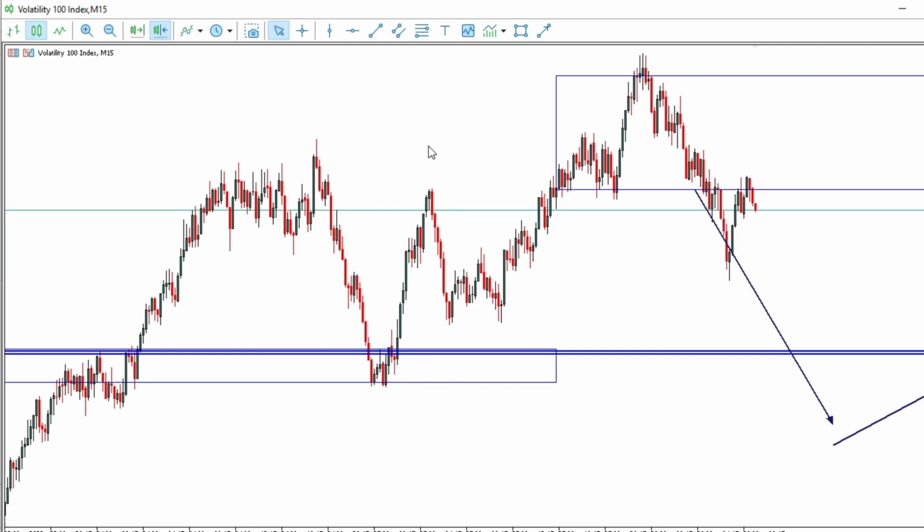Personally, I believe if we consider these smaller time frames, yes, they have quite a lot of challenges, but bigger time frames are quite complex, as we are going to see in the next video of VIX 75. Right now I'm going to record a video on VIX 75, and I want to address some issues.